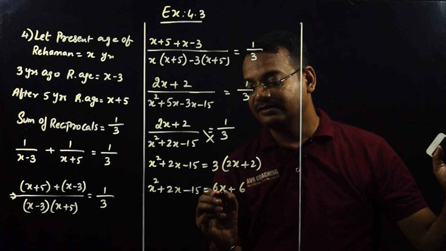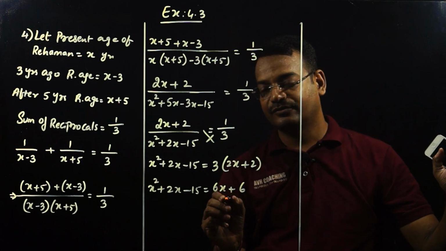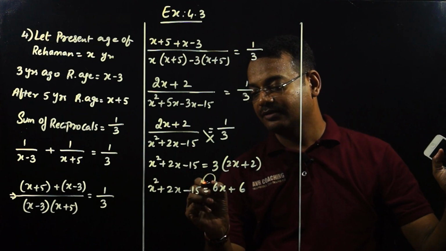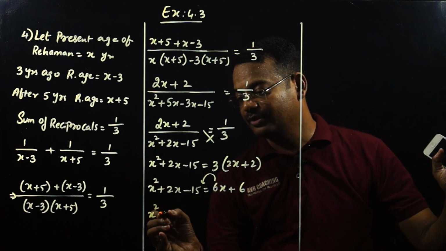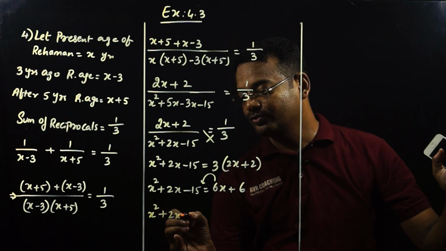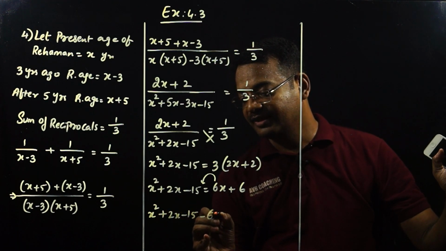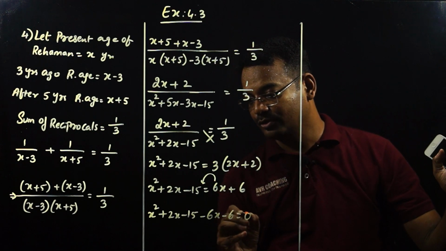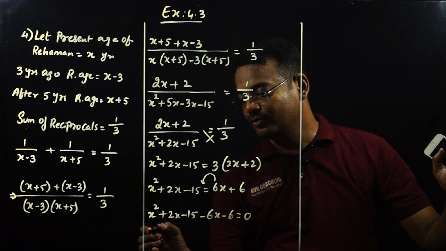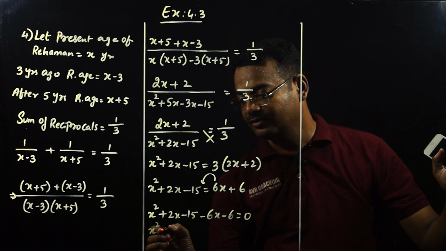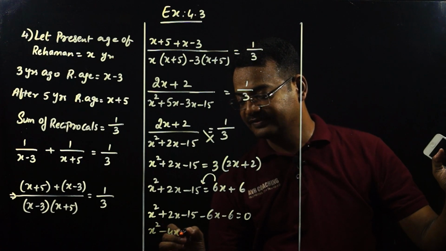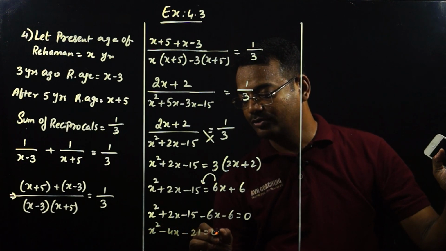If you bring the terms from the right hand side to the left hand side, signs will change. This will be x square plus 2x minus 15 minus 6x minus 6 equal to 0. So this will be x square minus 4x minus 21 equal to 0.